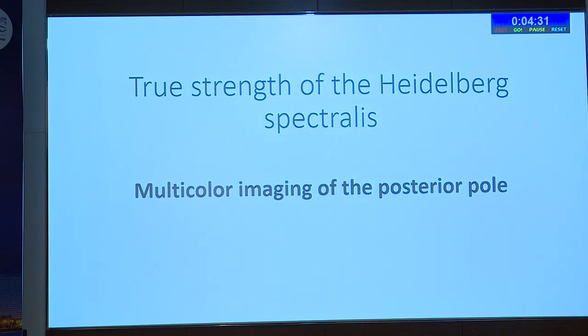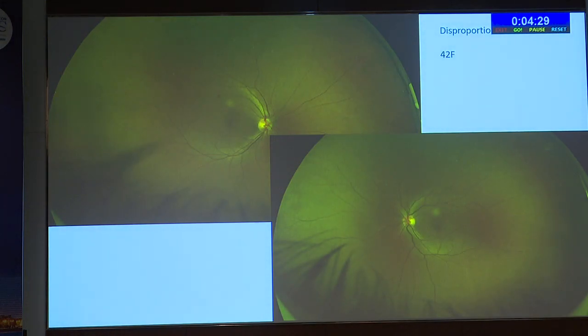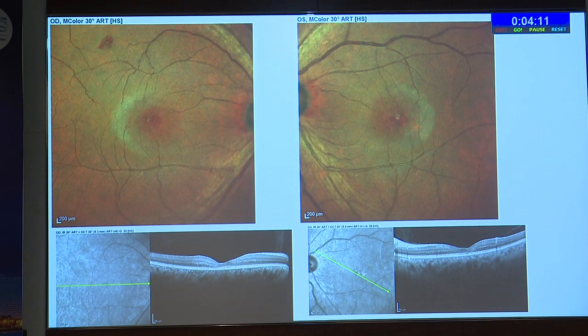I'll show you an example. This is a 42-year-old female with disproportionate vision loss. If you see it like this, you can say that the fundus is normal. You would send the patient for MRI imaging. That is what the patient was sent for, MRI imaging for some other reason. They didn't want to get MRI, so she came to us. On OPTOS, everything is normal. But on multicolor, you can straight away make a diagnosis of parafoveal telangiectasia.